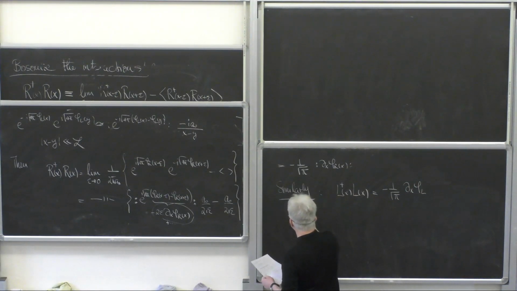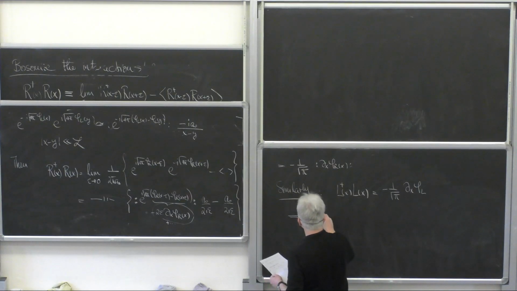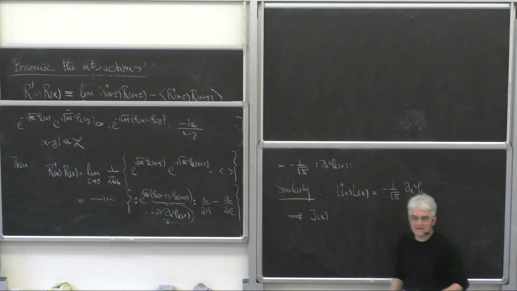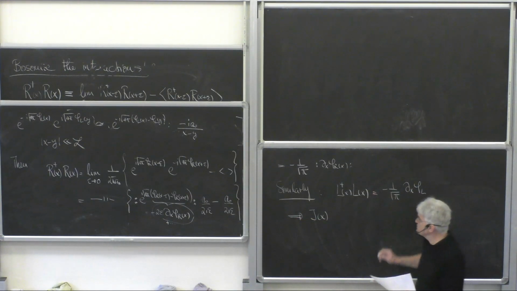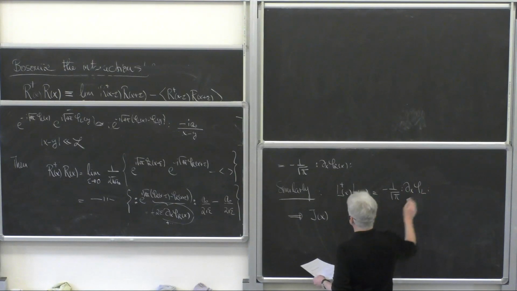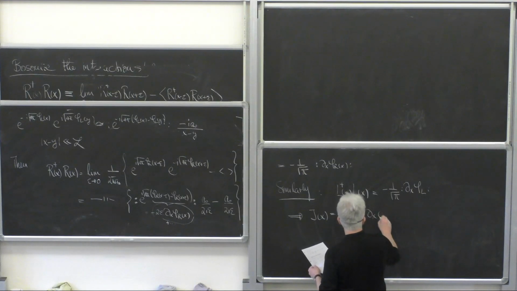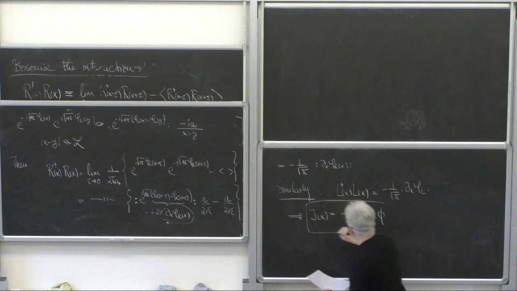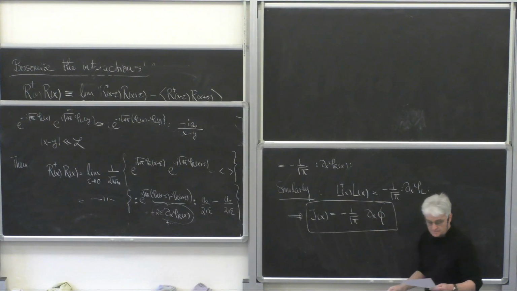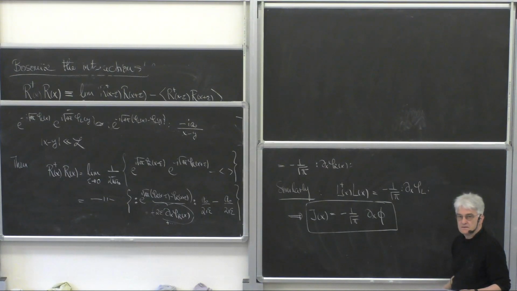And so this tells us that this operator, which we had called j of x, which was the sum of the two terms, is just minus 1 over square root of pi d_x phi. Okay?